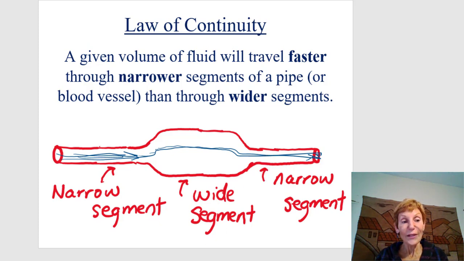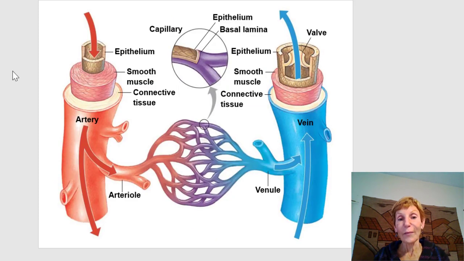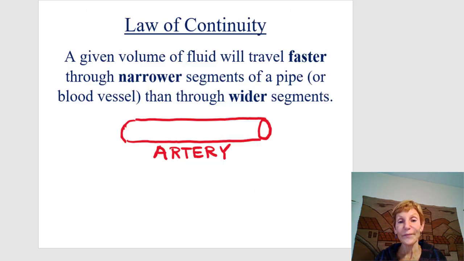And so now when we look at the law of continuity with respect to the three vessels we looked at up here, if we compare arteries versus arterioles versus capillaries, which one will it go through the fastest? According to the law of continuity, we should look at this and figure it out.